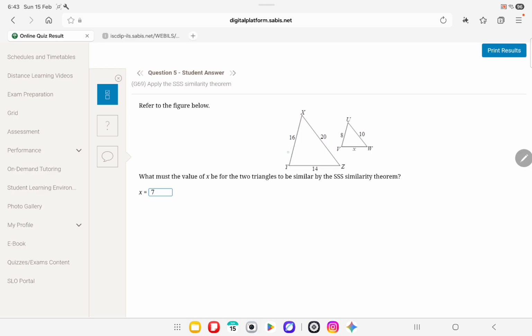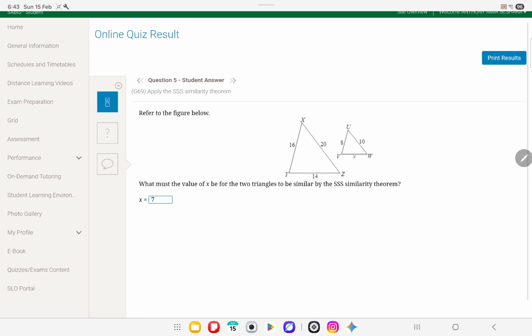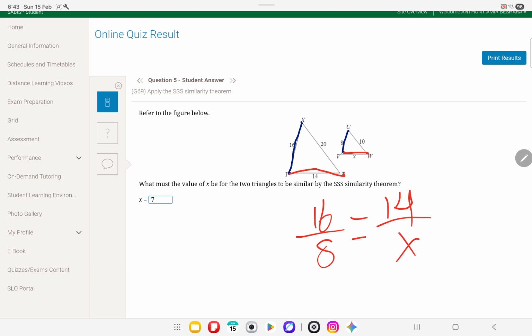We do this line over this line is equal to, what are we missing? X. So we do this line over this line. So let's do it. First we do the blues, which is 16 over 8 is equal to reds, which is 14 over X. So again, the similar sides, which is this and this, then the other similar sides, this and this.